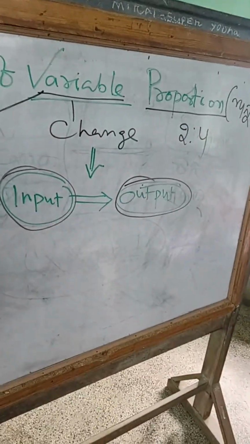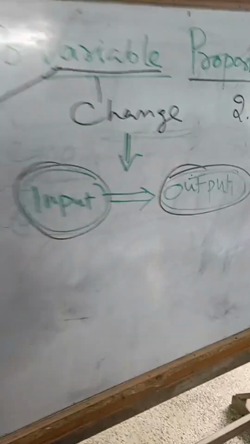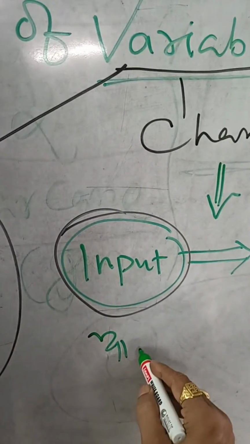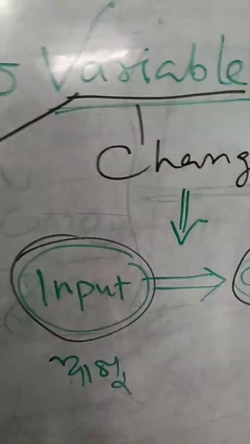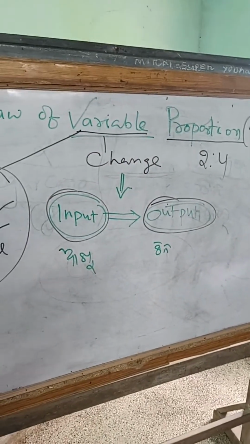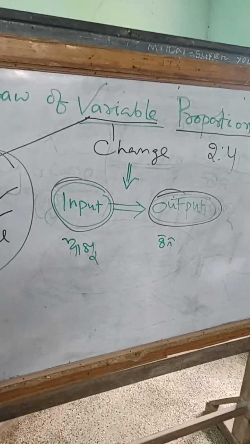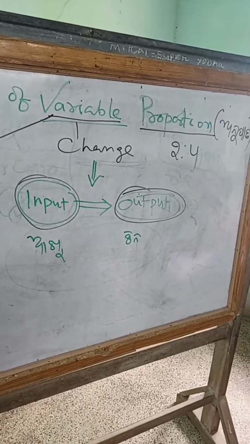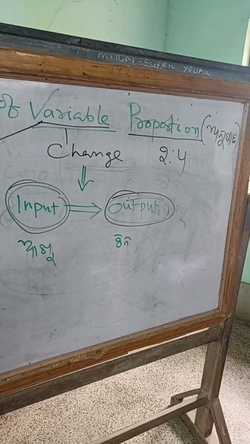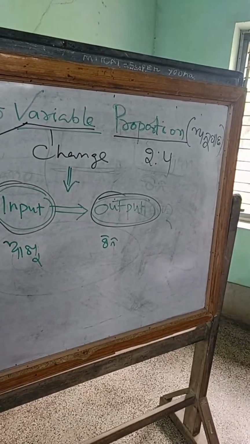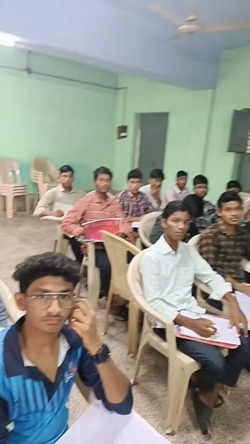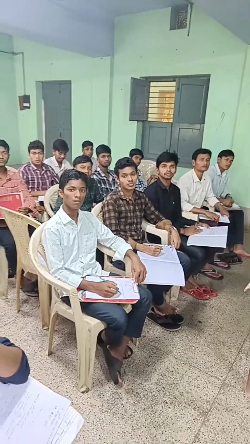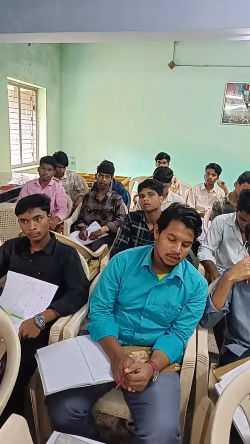Akhu means sugar cane and chini means sugar. More sugar cane, more will be the sugar. What do you call sugar cane in Hindi? Ganna. If there is more ganna, there will be more sugar. If the quantity of ganna is increased, the quantity of sugar will increase. Right? Increase means rise. If the quantity of ganna is less, then what about the sugar quantity?